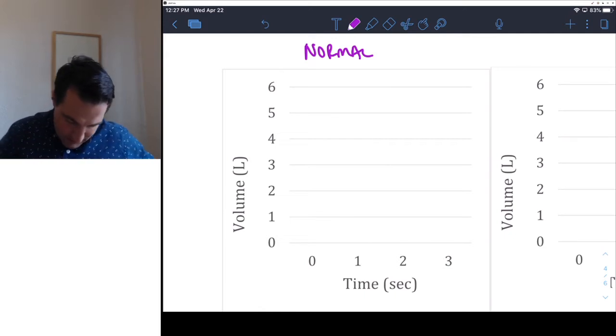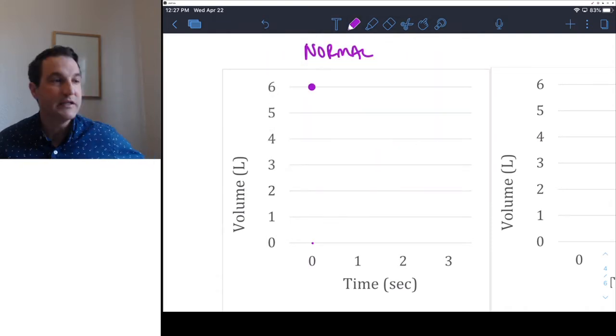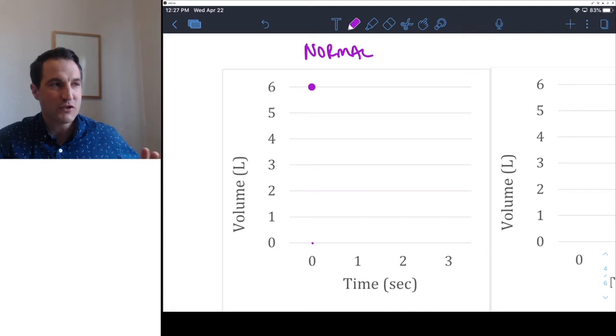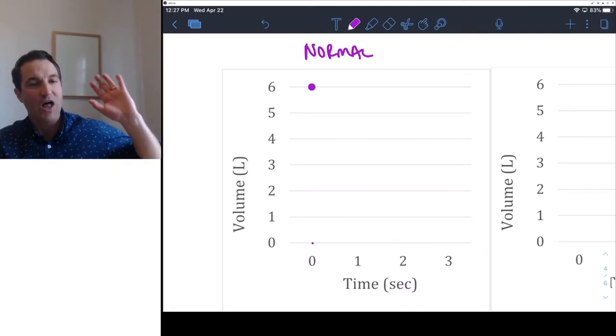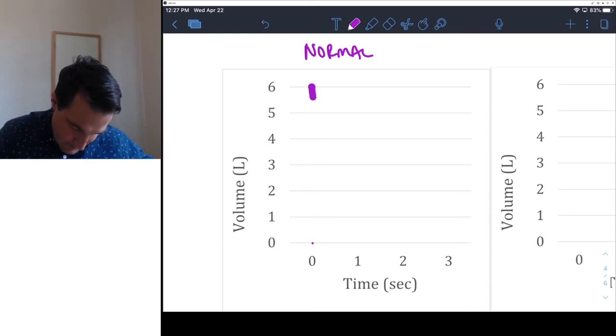Here's our time 0 right here. So at time 0, we're going to have about 6 liters of air in our lungs. And as we decrease, when you breathe out, that first little bit of breathing out, you have a lot of flow. You're getting rid of a lot of air real quick, so this comes down real quick.